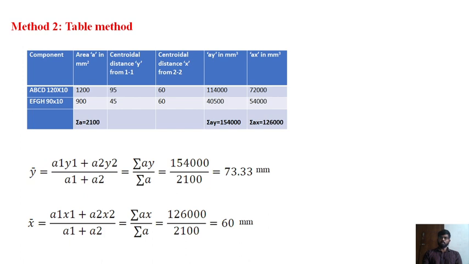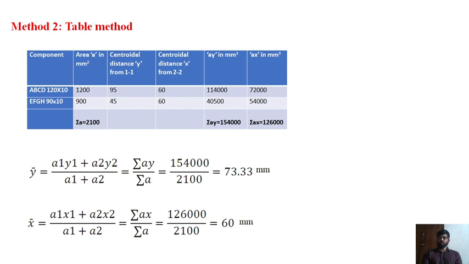The centroid distance y from reference 1 I already explained before. The values are y1 is equal to 95, y2 is equal to 45, and centroid distance x from 2, x1 is equal to 60 mm, x2 is also 60 mm, because the T section is symmetric about y axis, so that's why we get the same x value.